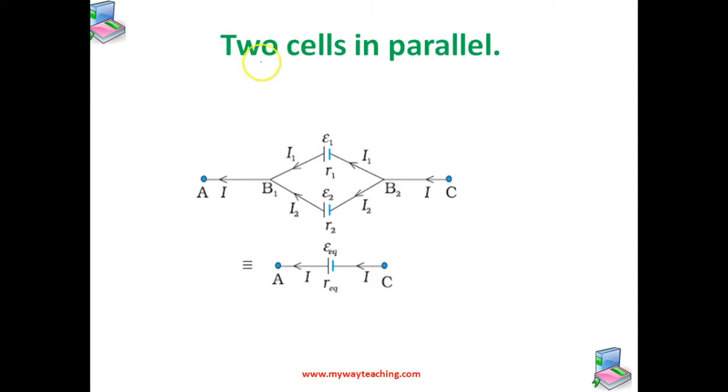Now consider when two cells are connected in parallel, what happens? See, I1 and I2 are the currents leaving the positive electrodes of the cells. At the point B1, I1 and I2 flow in, whereas current I flows out.